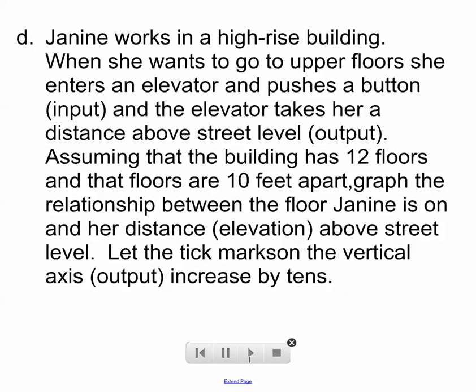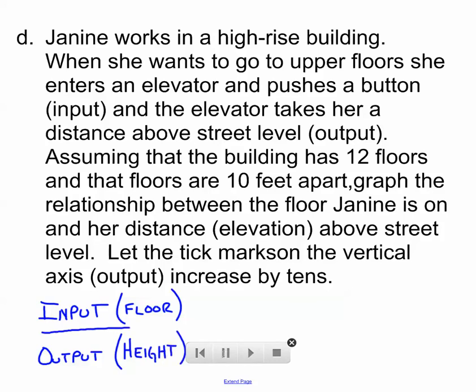Okay, so let's start off here by making a table of values. We've got our inputs, which is the floor that she's on, and then we've got our outputs, which are the heights that we're at. So that's what our table is going to look like. Our inputs are our floors.